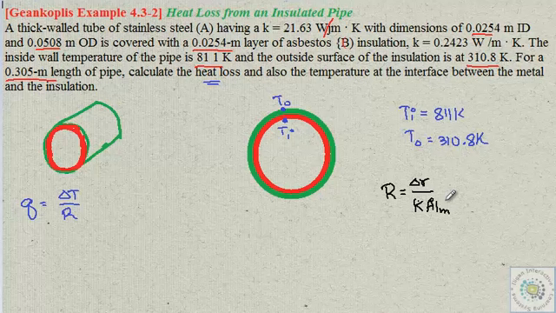To make the analysis simpler, we'll label this now. Instead of Ti, let me label this as T1. The temperature at the interface in between, let me call that T2, and the temperature at the outer surface, let me call that T3.